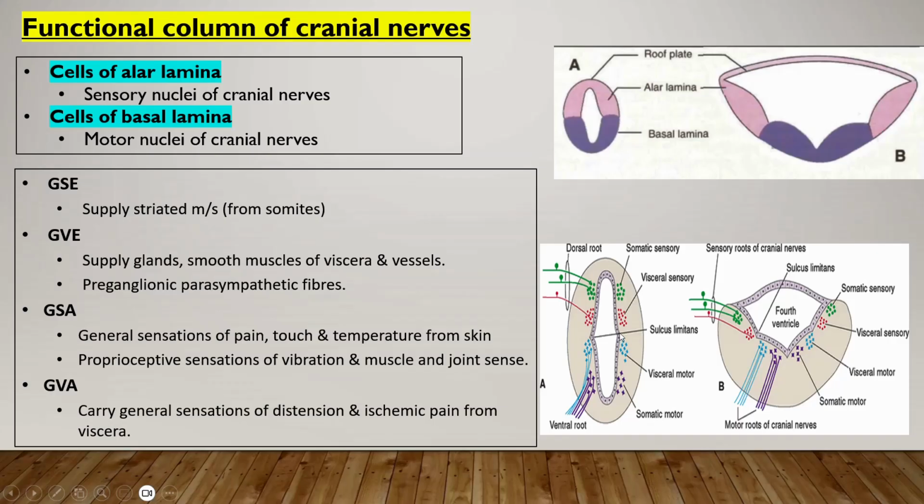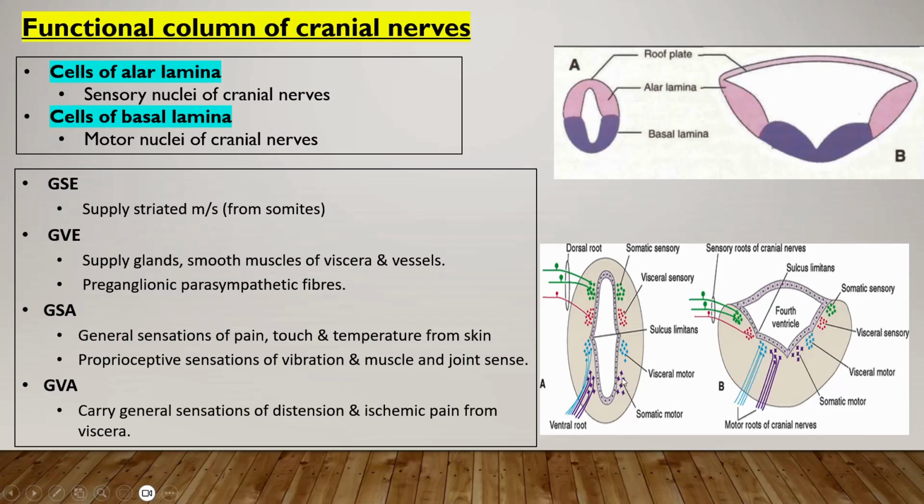Away from the sulcus limitans in the basal lamina there will be somatic motor, or we can say general, somatic, efferent. So general, somatic, efferent is those who are going to supply the striated muscle originating from the somites.